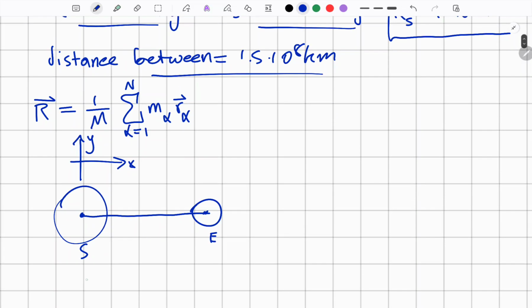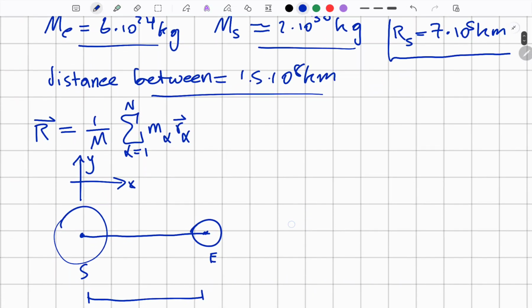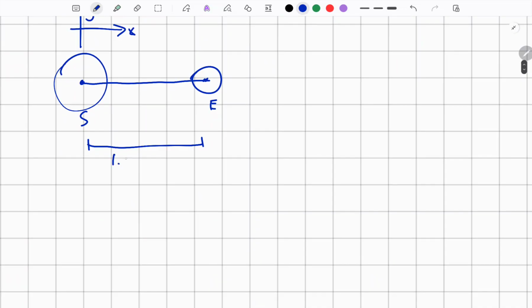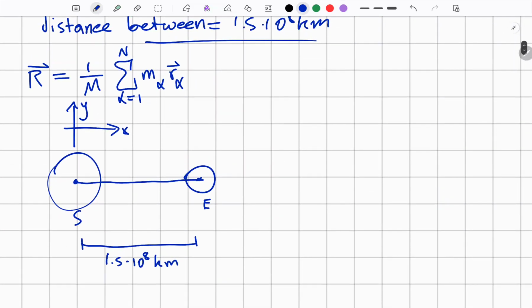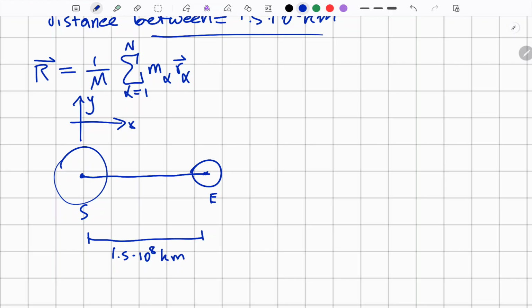We know that this distance is 1.5 times 10 to the 8th kilometers. By the way we've placed our axes here, we can place the 0 mark at the Sun, and then the Earth will rest at x equals 1.5 times 10 to the 8th.